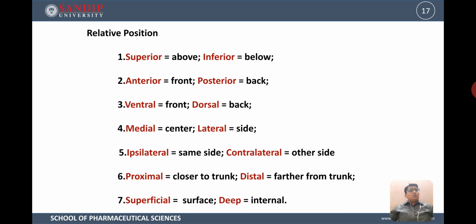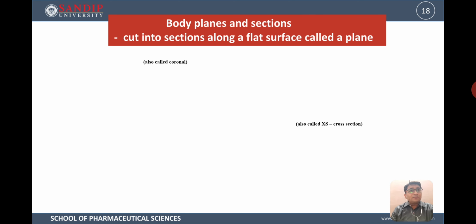Proximal, closer to the trunk, and distal, farther from the trunk. Superficial, surface, deep, internal. So what you guys have to do? You have to prepare a table, and in that particular table you have to try to remember these particular words, because you have to remember these definitions. There is no option but to remember the definitions.